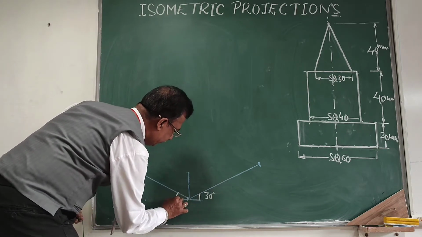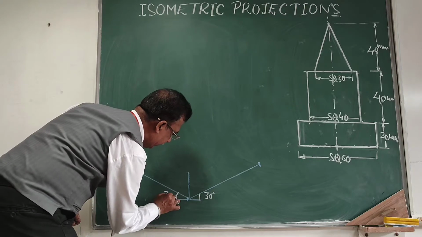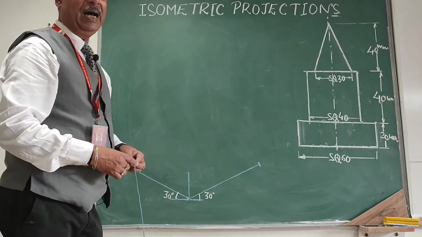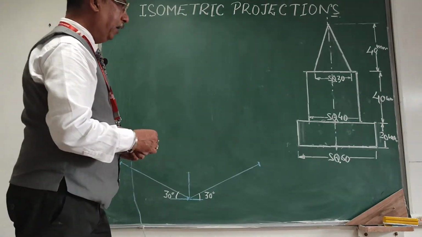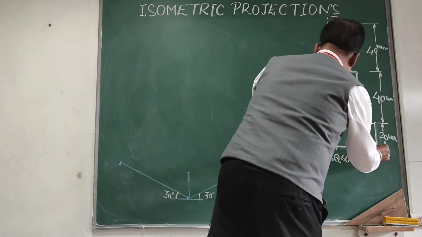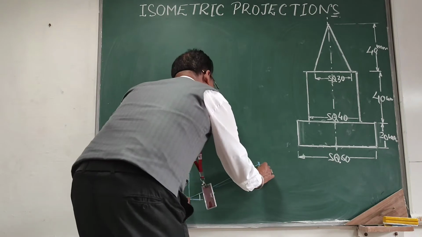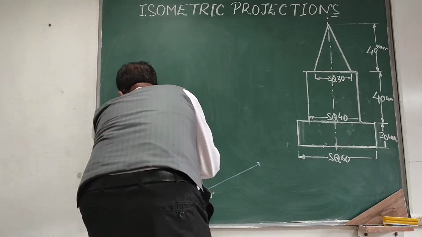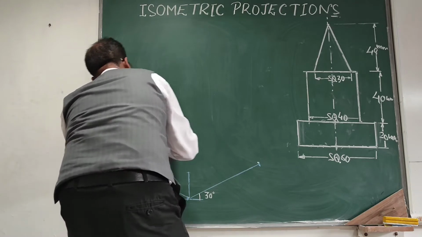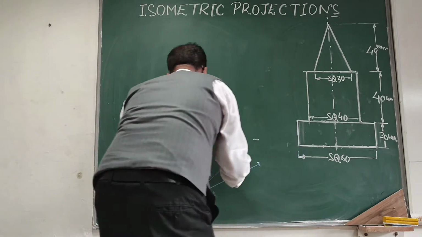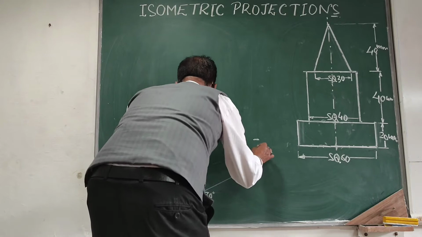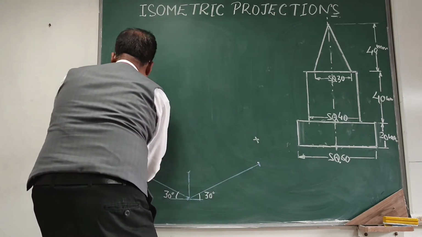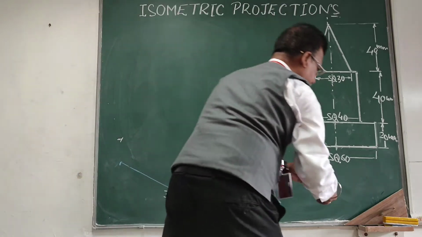First 30-degree angle line, second 30-degree angle line, and then the third line that will show the height. On that I will mark this 60 mm length on the left side, right side, left side, and again go upside like this. You can get the arrangement of the square block.